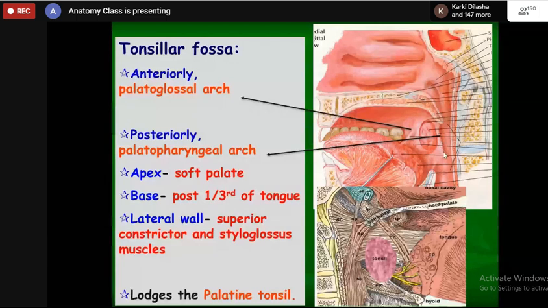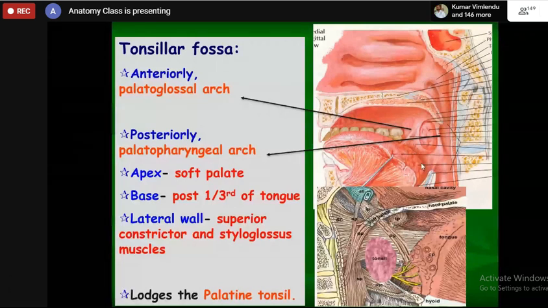Now, how are those arches formed? This is the same as the salpingopharyngeal fold. Beneath this arch, we have the palatoglossal muscle. Beneath this arch, we have the palatopharyngeal muscle. Now the apex is formed by the soft palate, whereas the base is formed by the posterior one third of the tongue.